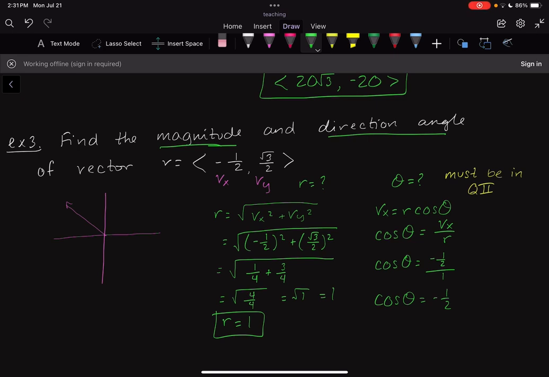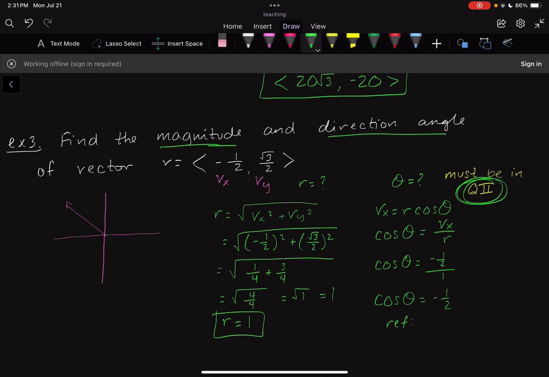Now, I am careful here. Technically, if I was asking this in like chapter 4 and this was an equation that we were solving, I would want to have multiple thetas. But I know that I'm only looking in quadrant 2. So I'm just looking for the angle theta that would make cosine negative 1 over 2, and it's in quadrant 2.